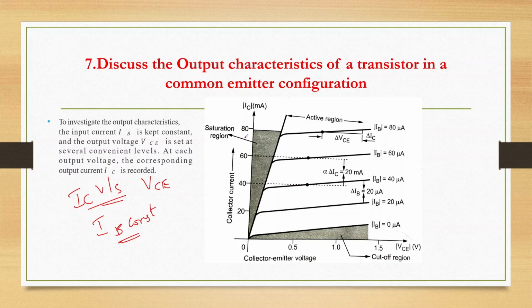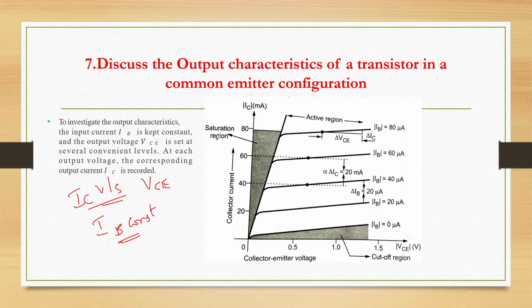If we keep the IB at a constant value and vary VCE, we get the corresponding IC. That is IC versus VCE.